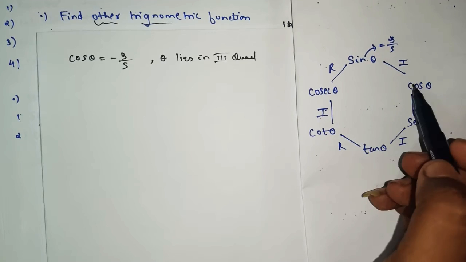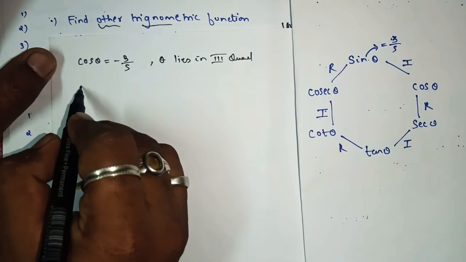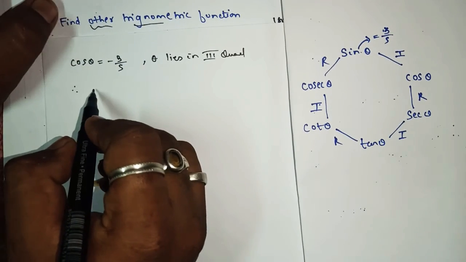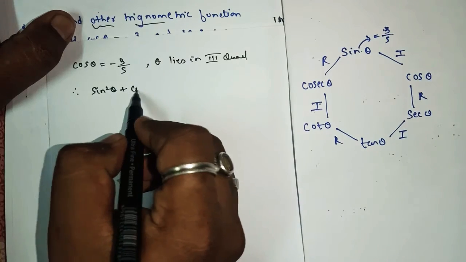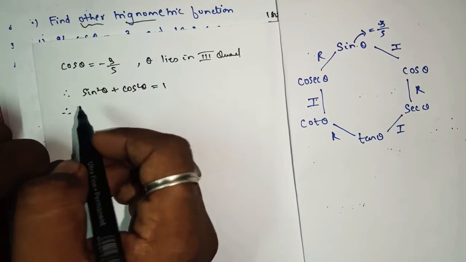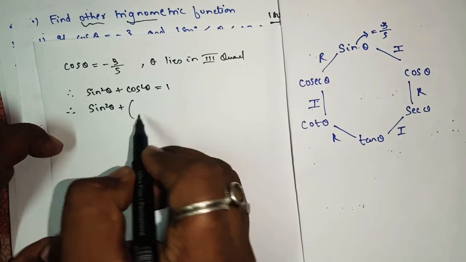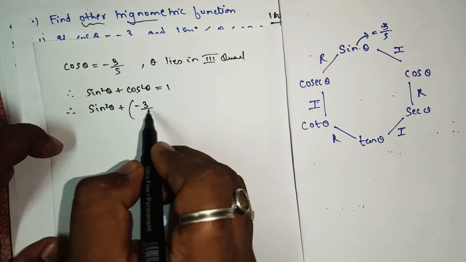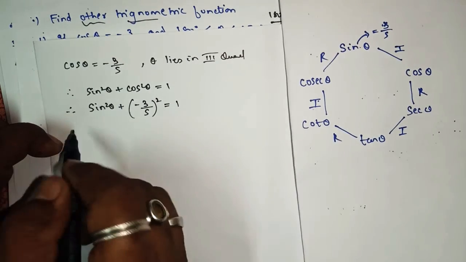So what is the connection between sine and cos? It is an identity relation. So where we'll apply the formula, that is sine square theta plus cos square theta equals 1. So therefore sine square theta plus cos theta is minus 3 upon 5, but here we have cos square, so square of that value.